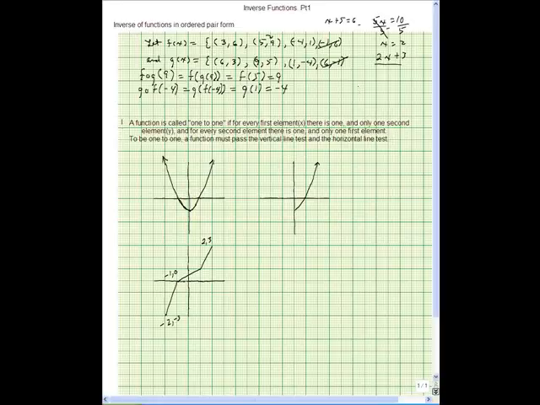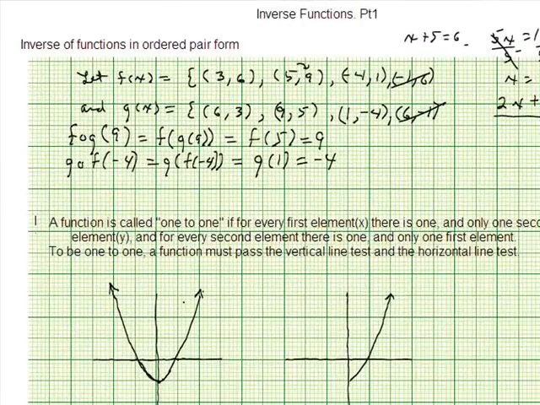Now, when we looked at graphs of functions, we could tell that a graph was the graph of a function if it passed what we call the vertical line test. That is, if you drew a vertical line, it did not hit the function more than once. This second condition, to every second element there's one and only one first element, means in order to be one-to-one, functions must also pass a horizontal line test, because here's your second element y.